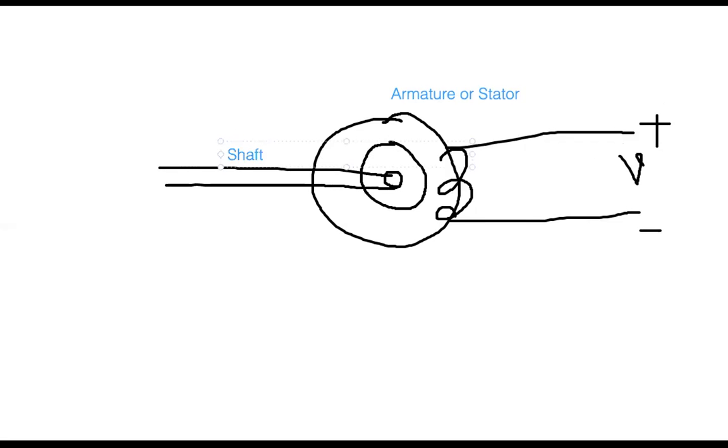And that shaft will rotate at a certain speed, for example, at omega radian per second. On that rotating body, I placed a magnet. For example, this is the north pole and this is the south pole of the magnet. And this circular body is called the rotor.